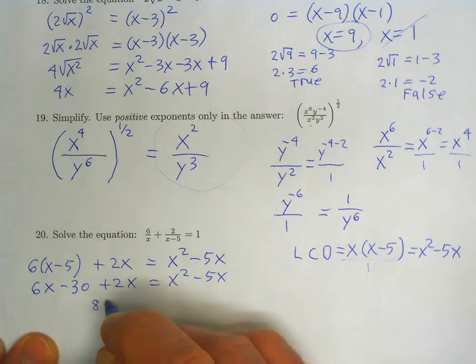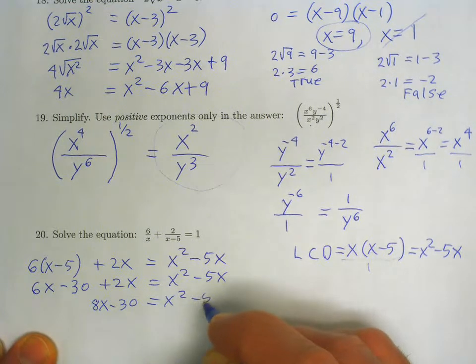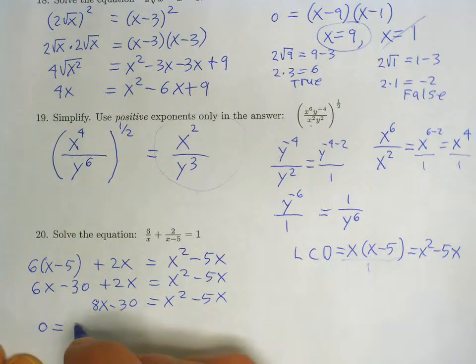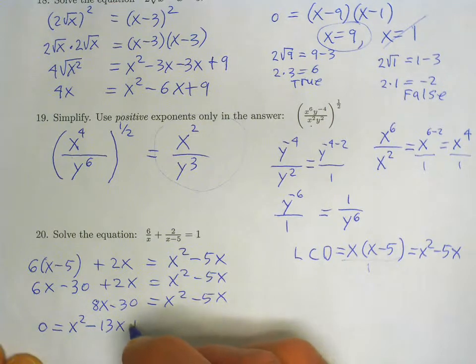So we get 8x minus 30 equals x squared minus 5x. We'll make the left-hand side 0 by subtracting 8x and adding 30 to both sides. And we'll get 0 equals x to the second minus 13x plus 30.